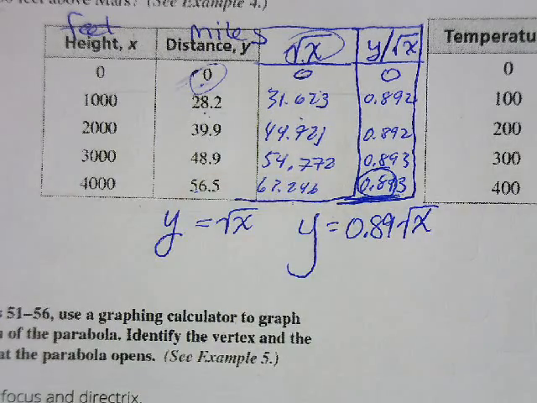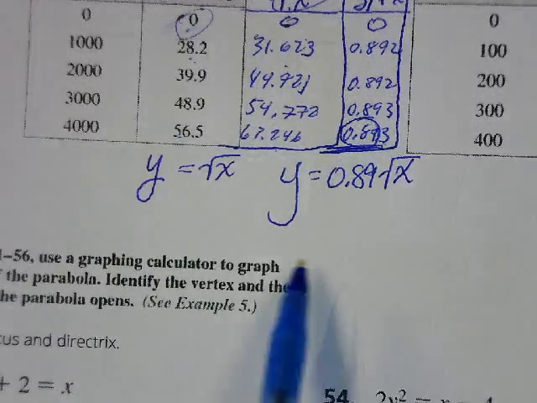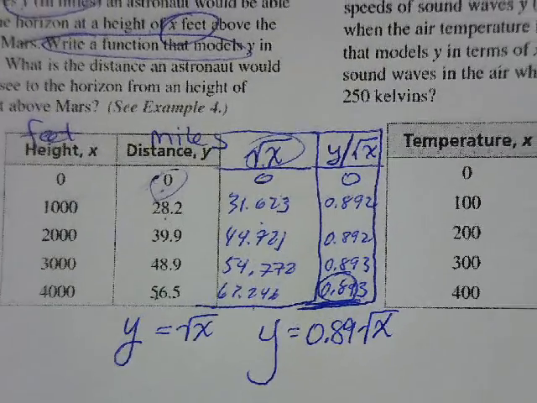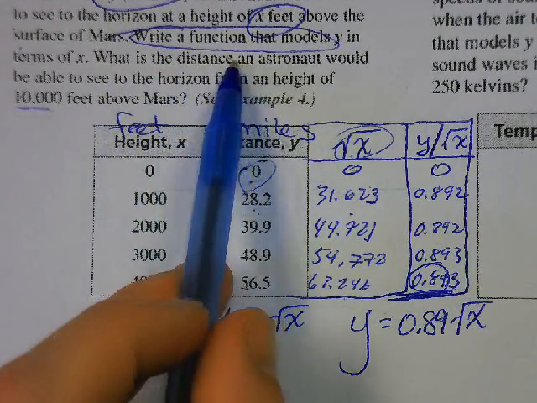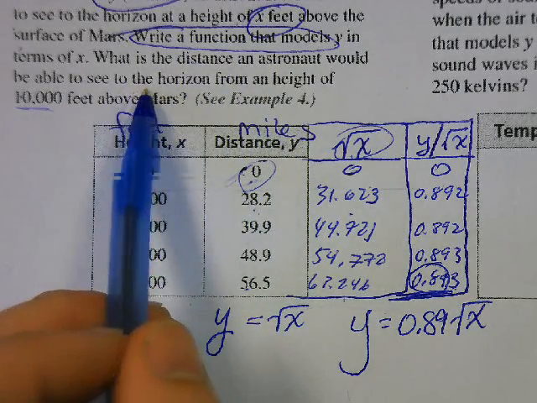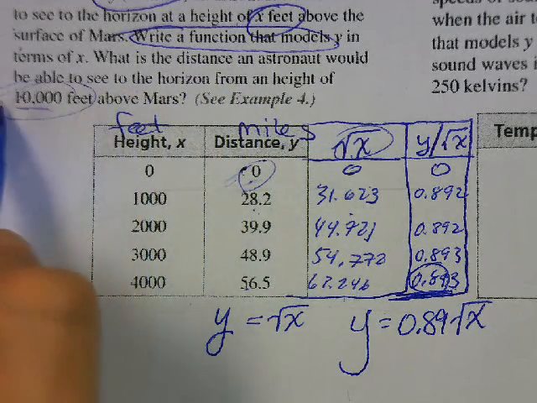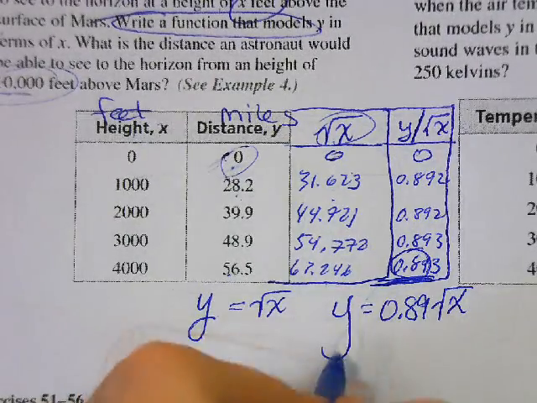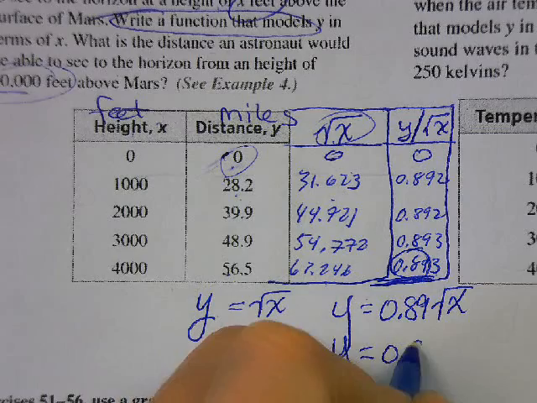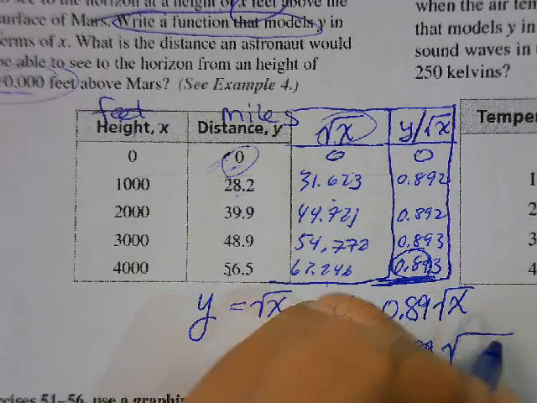We're going to use this equation, and they ask us to substitute in. They say, what is the distance that an astronaut would be able to see if they were at 10,000 feet? So the feet is the x variable, so we're going to substitute in y equals 0.89, and instead of x, we're going to replace that with 10,000.